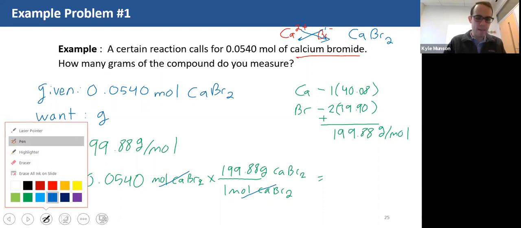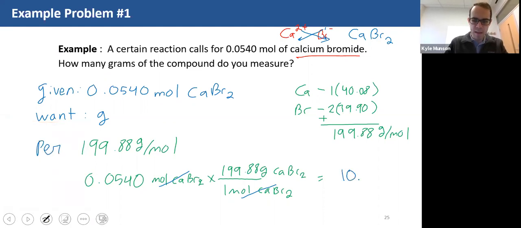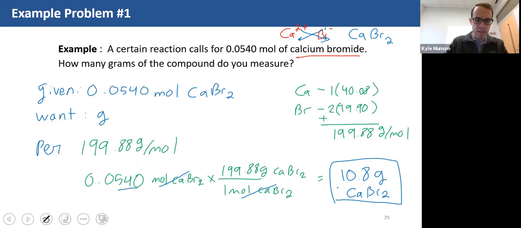And what I get is 10.8 grams of calcium bromide. And I'm careful here to only include 3 significant figures, using the sig fig rules for multiplication and division here. All right, so that's our first example problem.